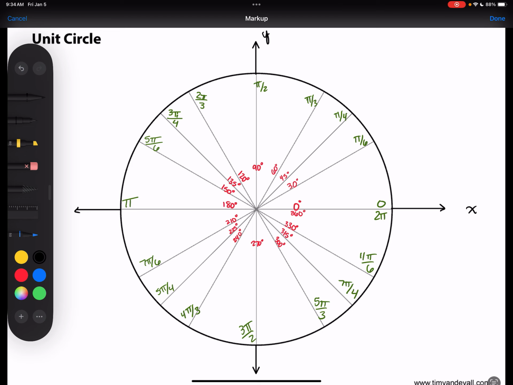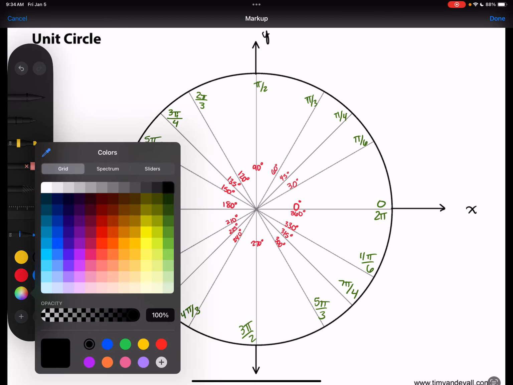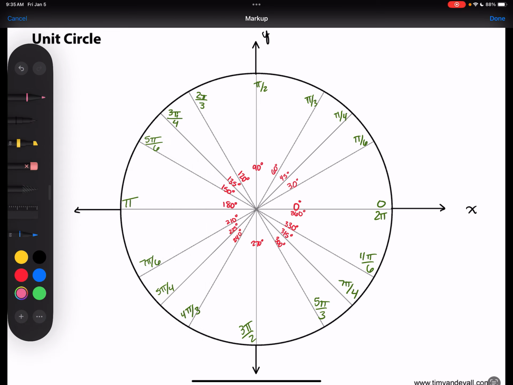Use pink. All right, so over here we have the coordinate 1, 0. Up here is the coordinate 0, 1.